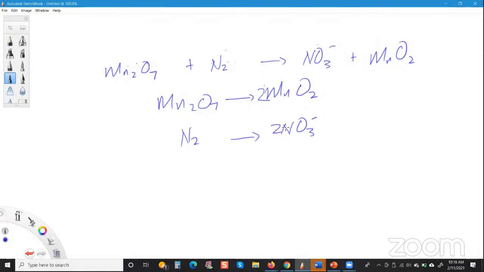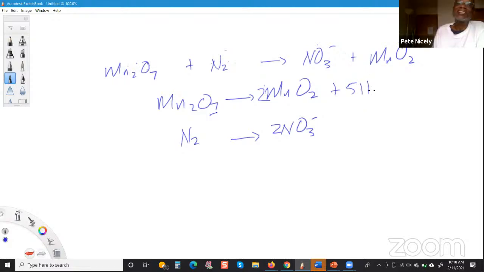Well, for the first one, there's 7 on the left. So on the right, you put a 5 H2O. Right, exactly. There are 7 oxygens here, there are 2 here. So in order to make sure that the oxygens are balanced, you need to add 5 water molecules on the right, and now we have 7 oxygens on both sides.